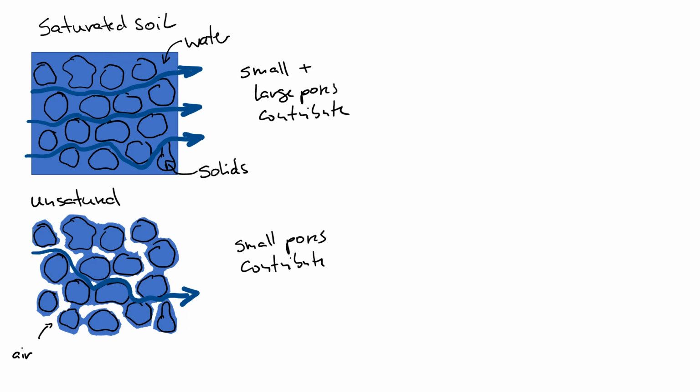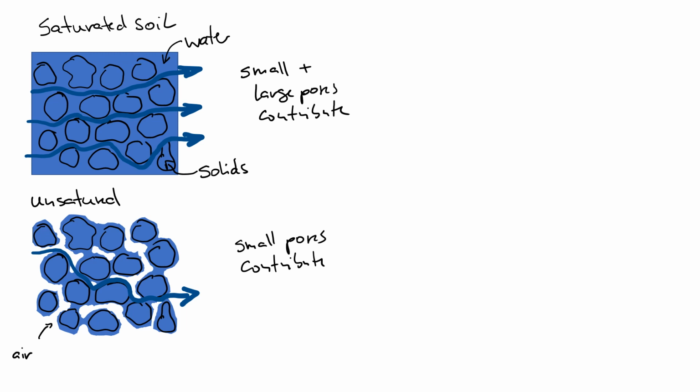If only the small pores are contributing, that also means that the size of individual flow paths has decreased under unsaturated flow conditions. And if you remember back to the Hagen-Poiseuille law, which stated that the flow was proportional to the radius to the fourth power, you must realize that now the flow has decreased substantially, and substantially being by the fourth power of the radius, because of the introduction of air and the decrease of water-filled pathway sizes in this flow regime.